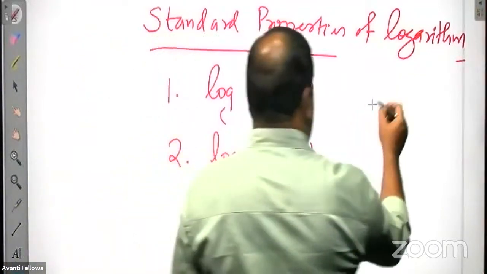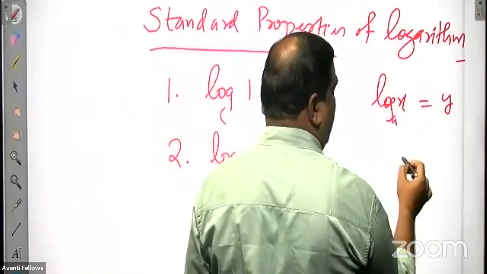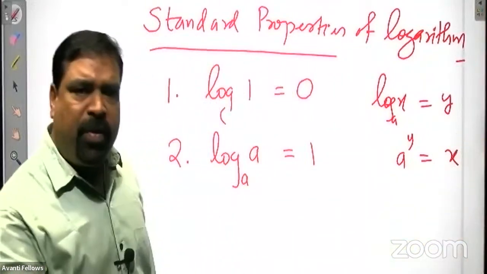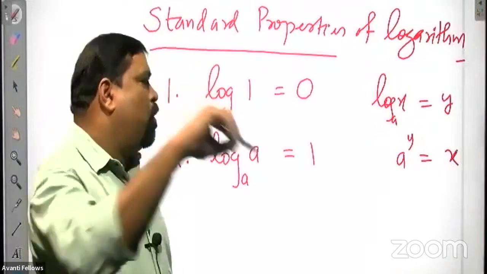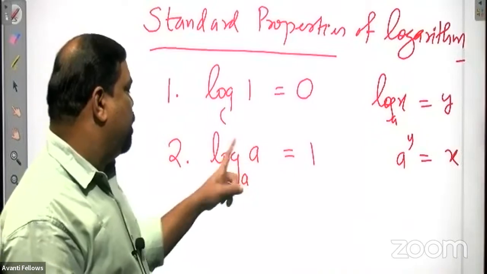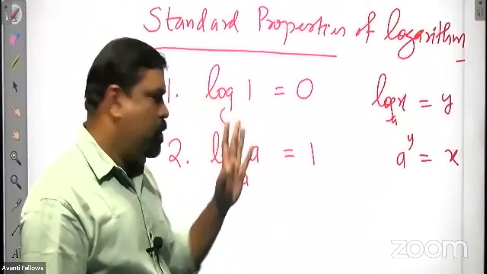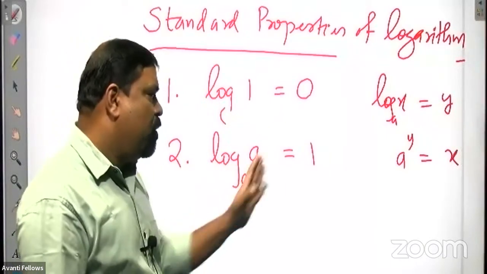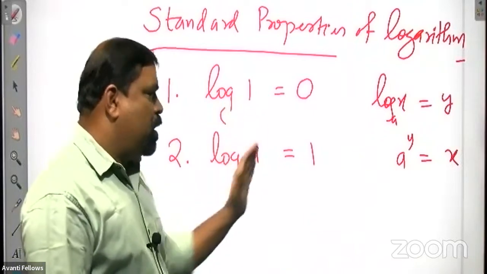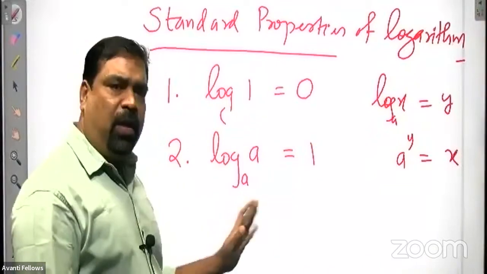Remember the definition always: if log x equals y to the base a, that means a raised to y is equal to x. So log a to the base a must be 1 because a raised to 1 is equal to a. So log of anything to the same base will always equal 1. Log 10 to the base 10 is also 1. Log 3 to the base 3 is also 1. In particular, log e is equal to 1.